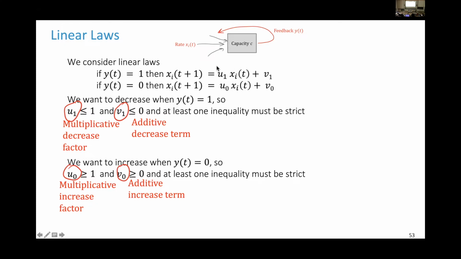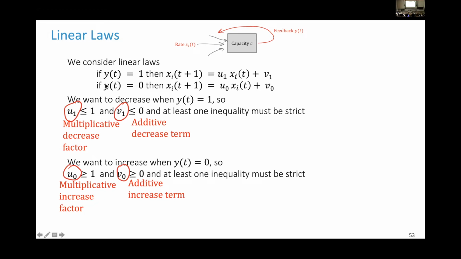So if I want to decrease, I should have 1 multiplicative decrease factor that is less than 1, and 1 additive decrease term, which is negative. For example, I take the half of the previous rate minus 1 megabit per second.